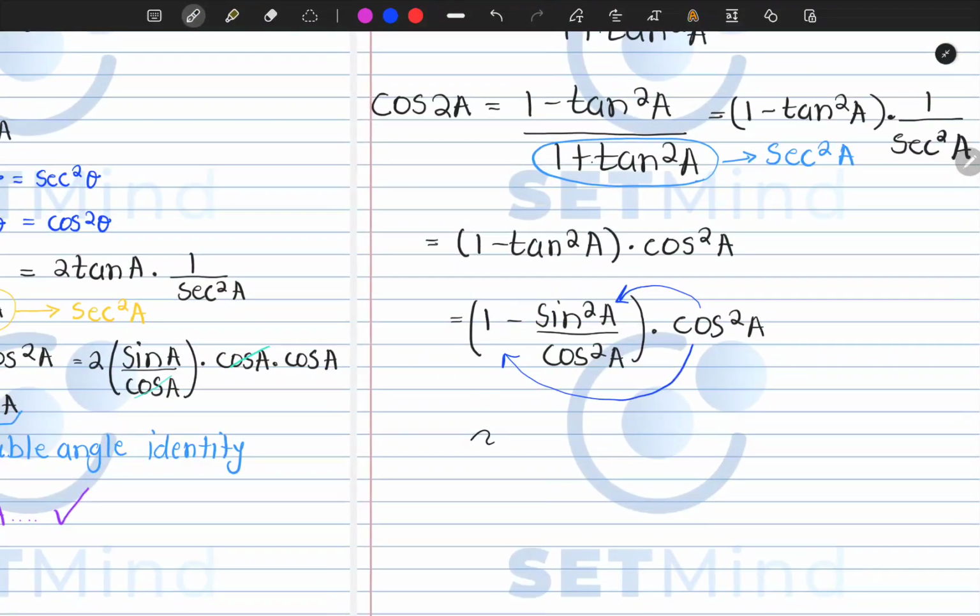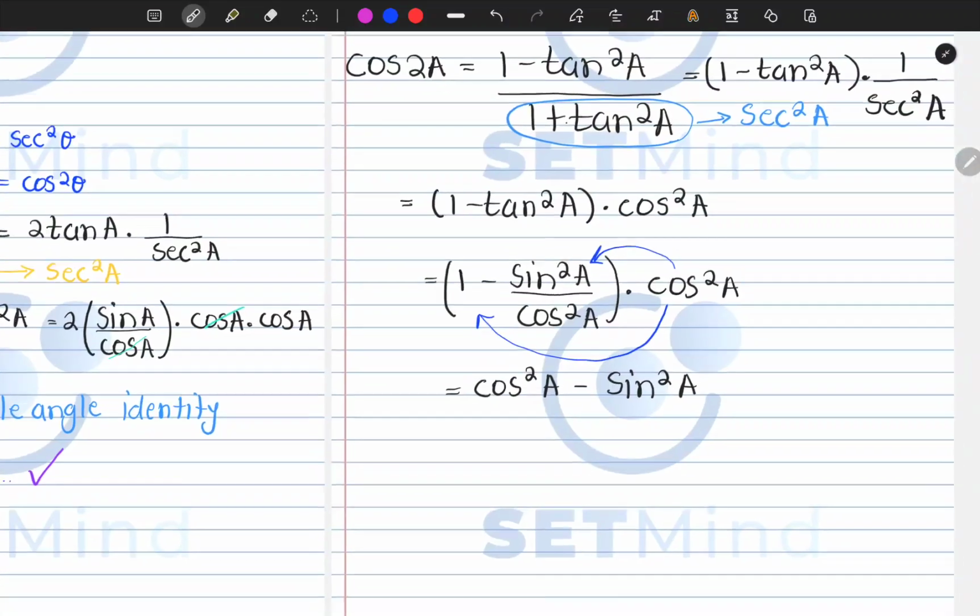So you just multiply through, which if you look carefully, you'll get cos squared A, and then minus, you will see that the cos's will actually cancel. You will get sine squared of A, like this.